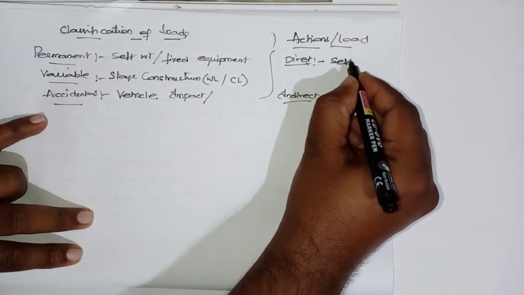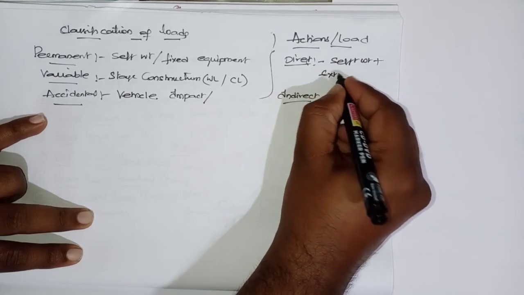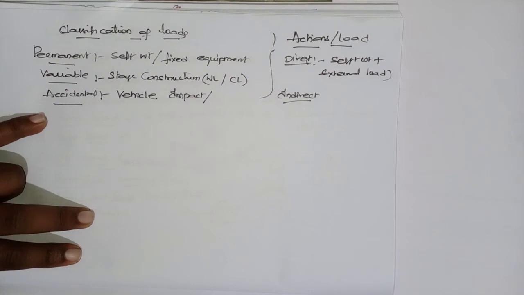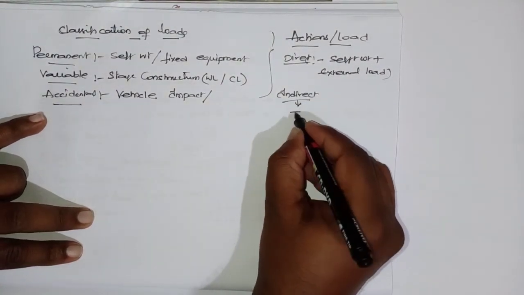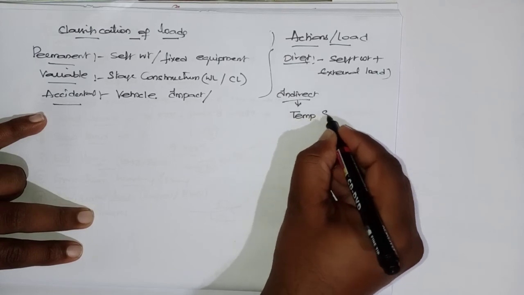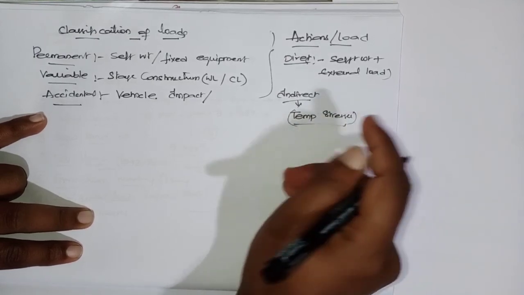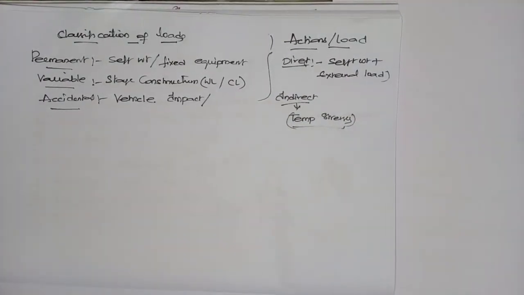Self weight and some external load are called direct action. And indirect means what? For example, temperature stresses that develop internally due to the loading or due to the connection making. All these are indirect loading, right?